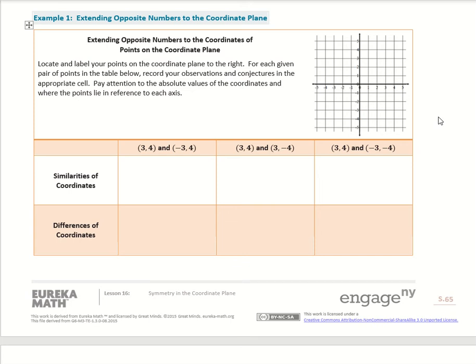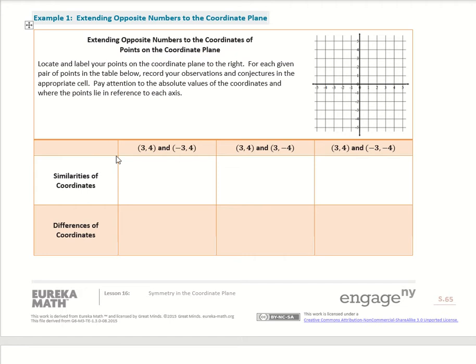What we're going to be doing today in class is we're going to be going through Module 3, Lesson 16. It's really close to the end of this unit, so we're really winding down to the end. We're going to be going through example 1 together.